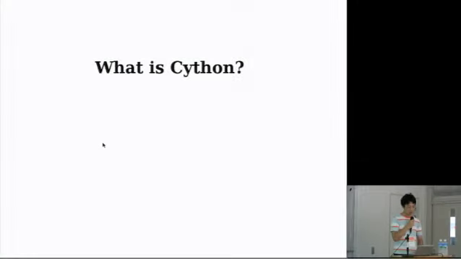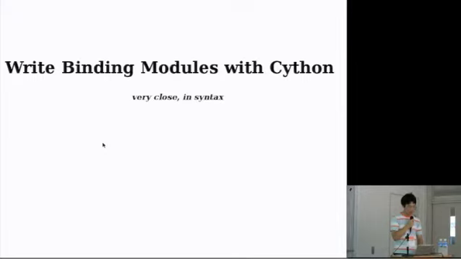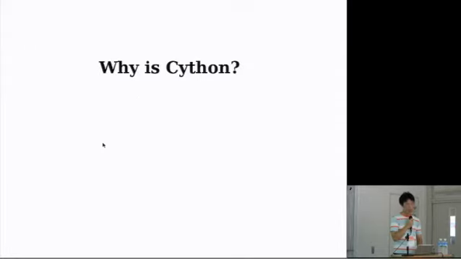No. Okay, so we are talking about Cython. What is Cython? The purpose of Cython was to write an embedded module for Python, with syntax not very close to C. So why do we use Cython?